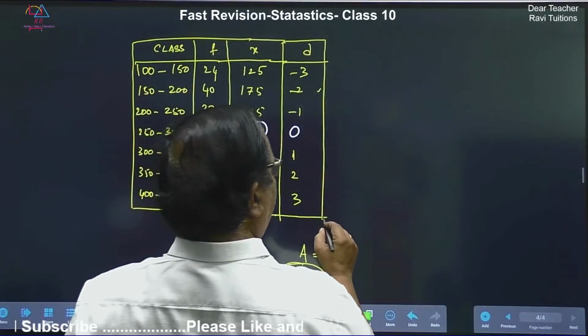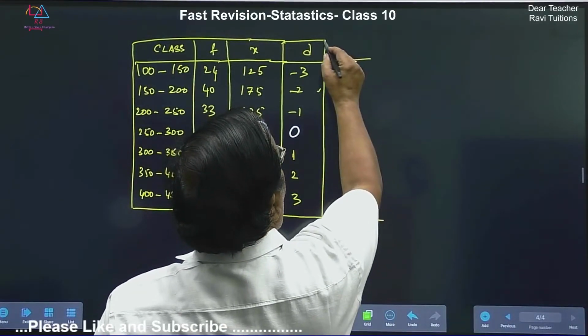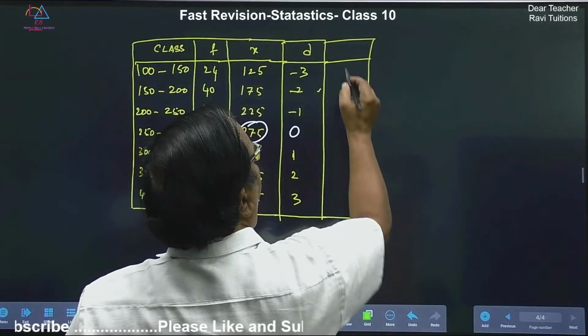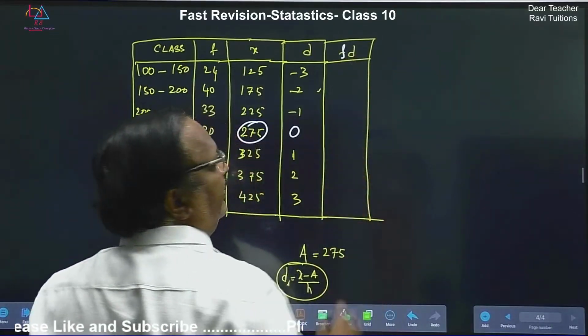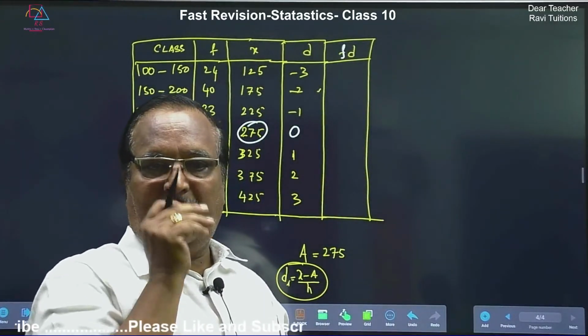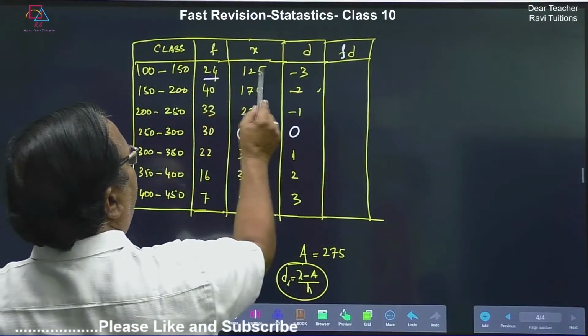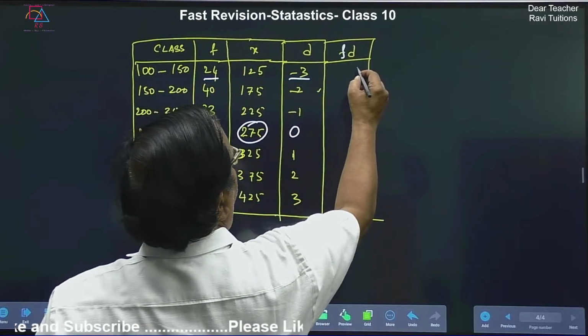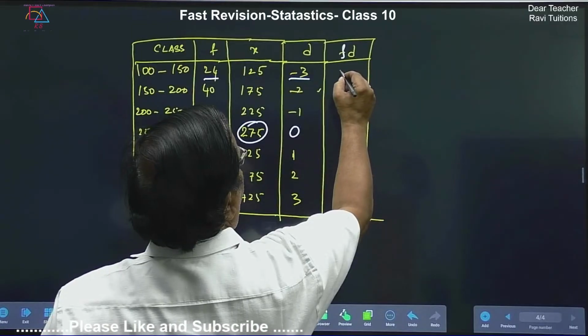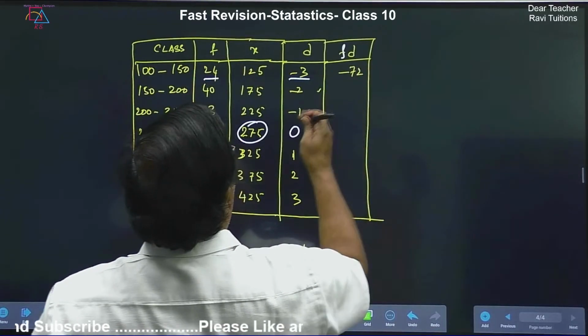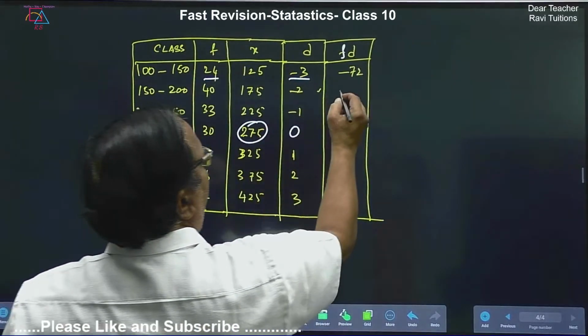Now next thing is fd, f into d. So what is f into d? F is here 24 into minus 3. Okay, minus 72. 40 into 2, 80.